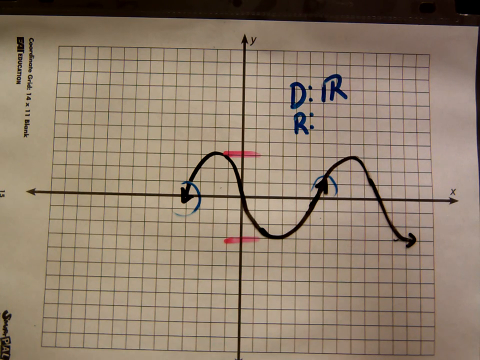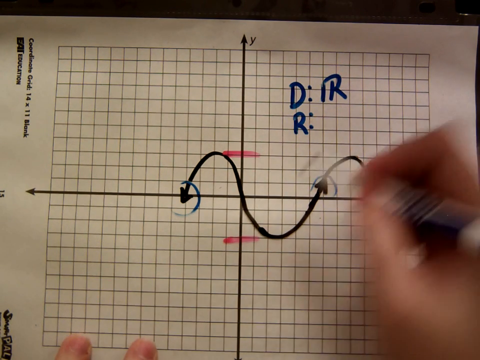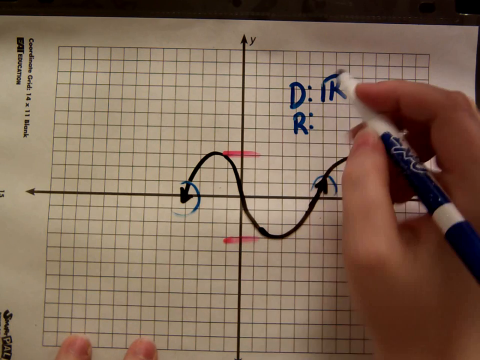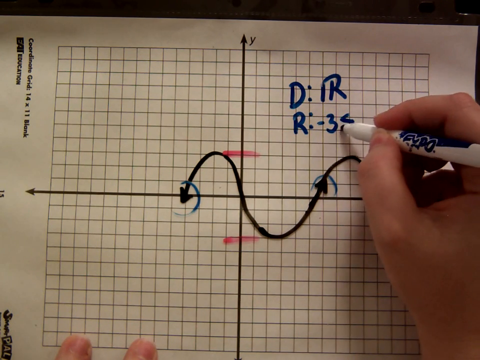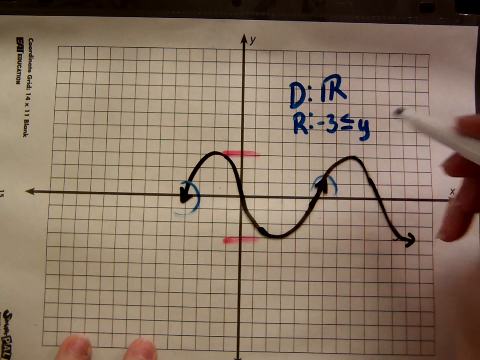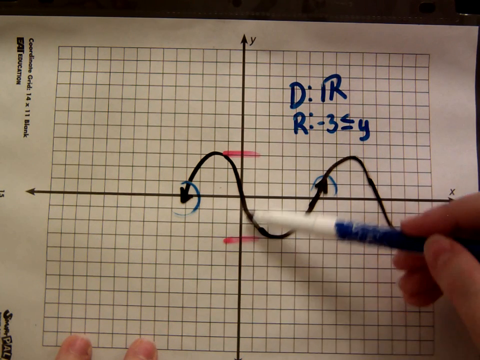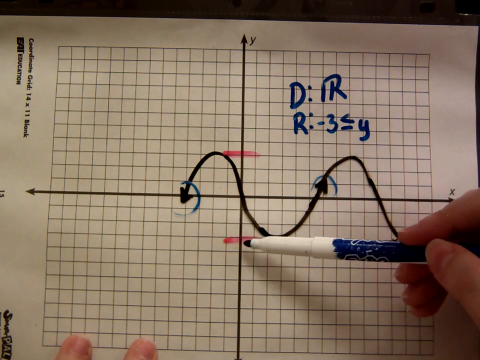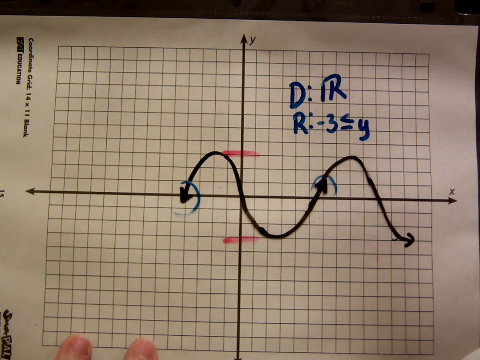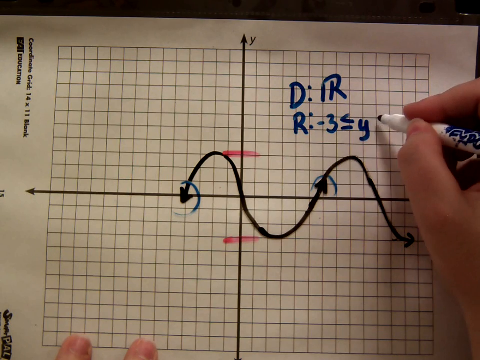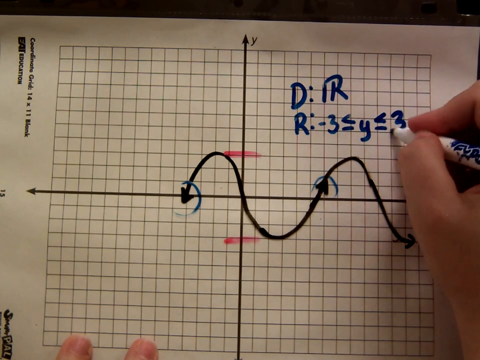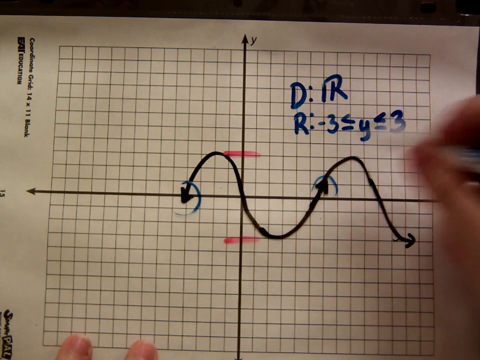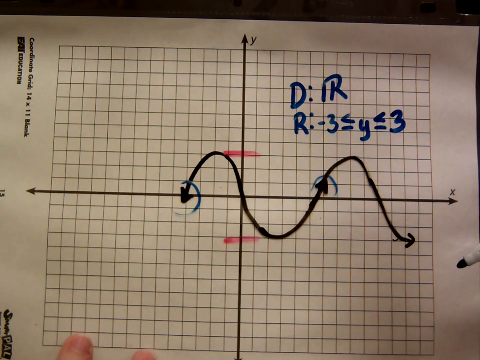So my range can be written like this. -3 is less than or equal to y, because all our y's are above -3. So -3 is less than or equal to our y values. But you also have this upper limit. So our y values are less than or equal to +3, because it's not going to go above the +3.